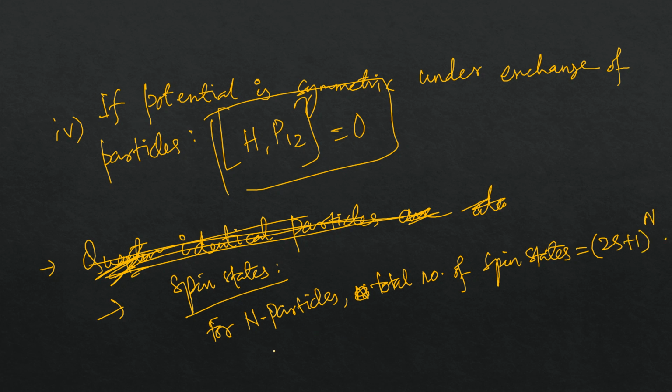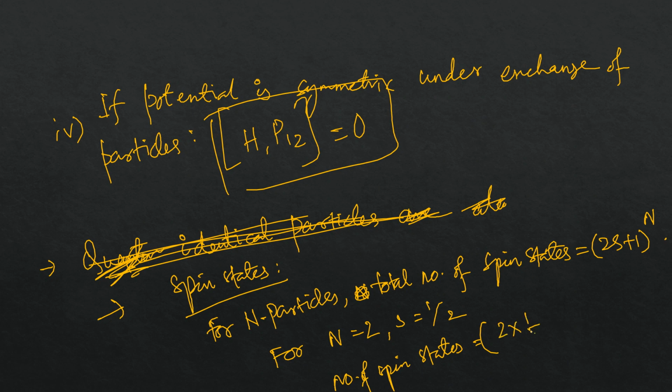For example, n is equal to 2 and s is equal to half. So what is the total number of spin states? It is (2 into half plus 1) whole squared, that is 1 plus 1 squared, which is 4.